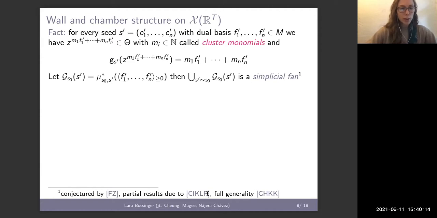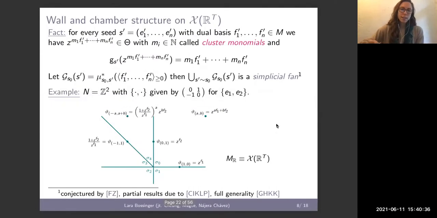And in full generality, it was proved in the paper published in 2018 by Gross, Hacking, Keel, Kontsevich. So this simplicial fan can be extended to what is known as a scattering diagram, and that gives the full wall and chamber structure on these X varieties.